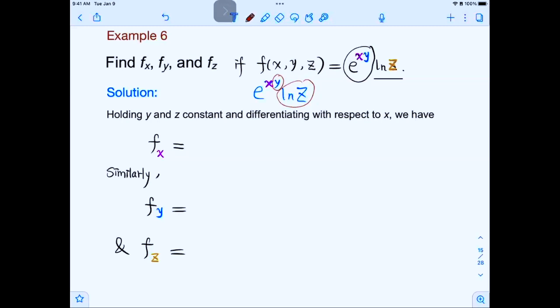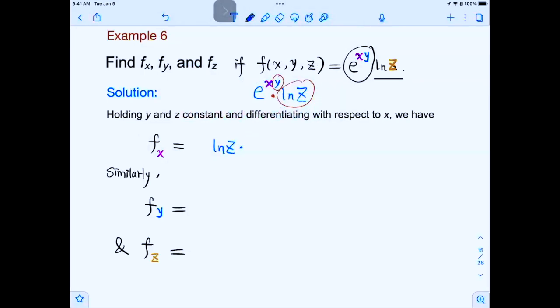Okay. So first of all, this function here is a multiplication. And you multiply with ln of z, and because we're taking the derivative with respect to x, ln of z is considered a constant multiple, so we can go ahead and put ln of z here as a constant multiple.